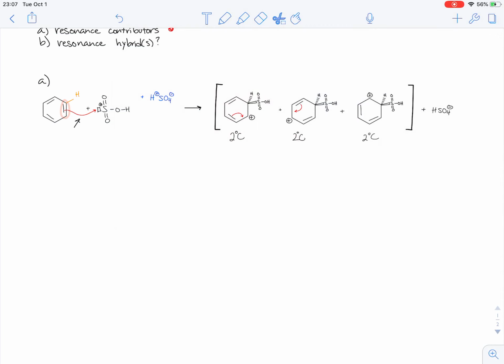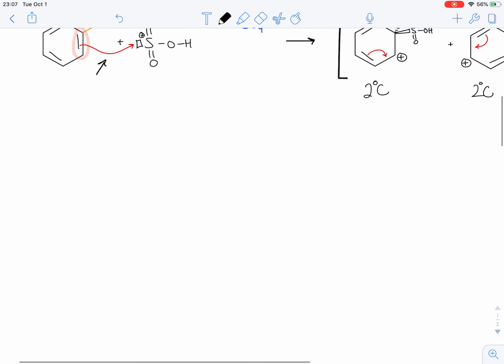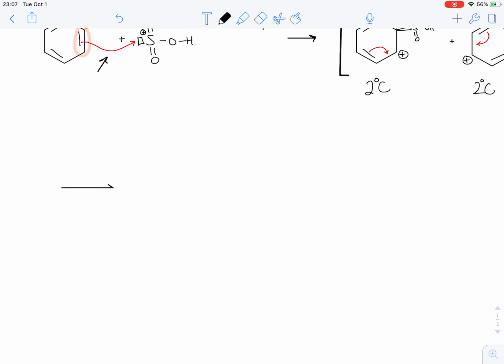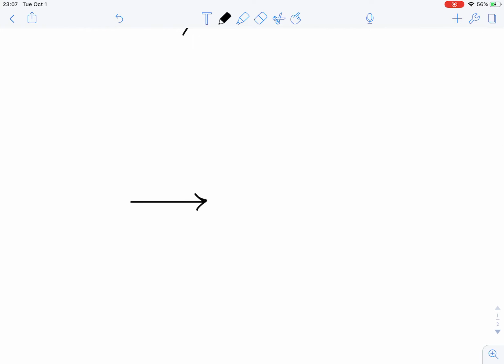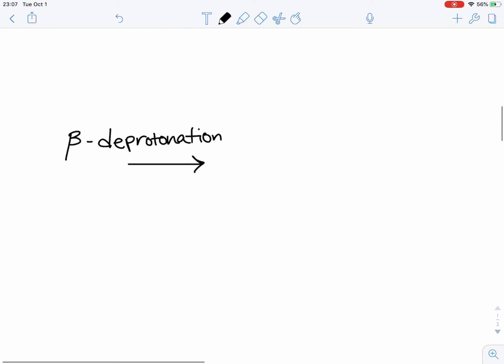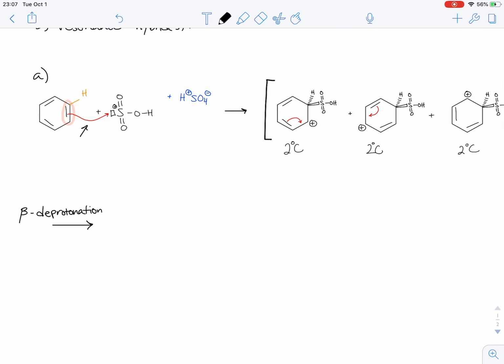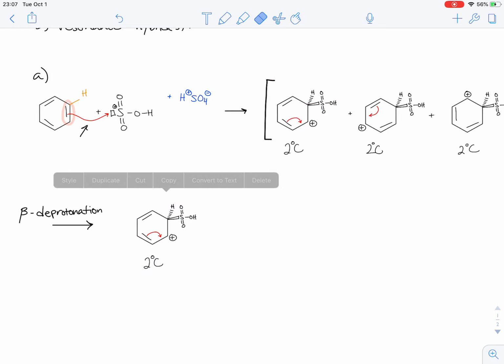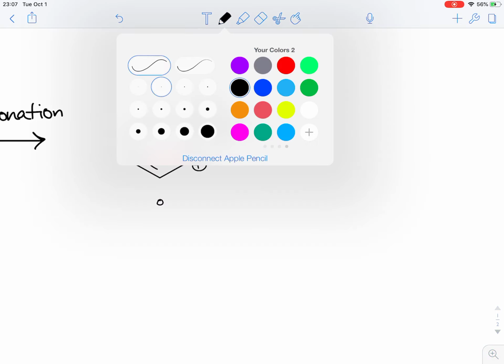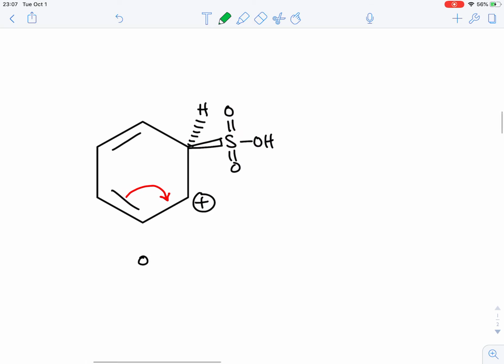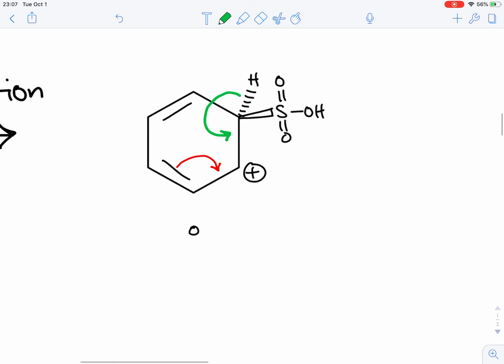Now that we have that, we can continue, but we have to draw the product. Before we draw the product, we have to do a beta deprotonation. We look at this one, I'm going to duplicate it and do it in green. This hydrogen is going to come right over here and form a double bond.